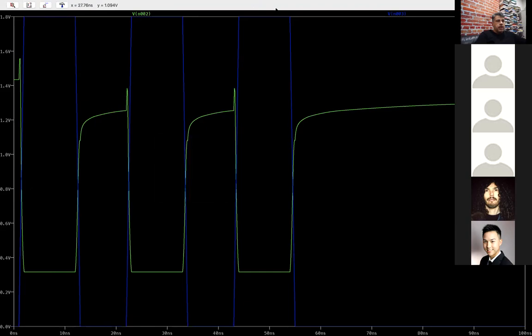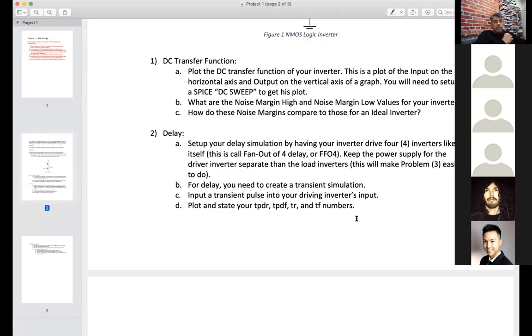And then from there, back to the document. The way you want to set up, which I did not, is you want to have your inverter drive another 4 inverters like itself.